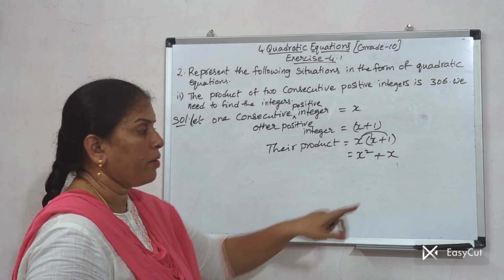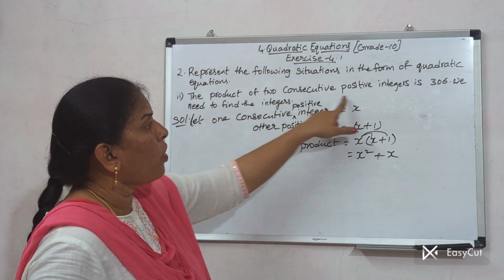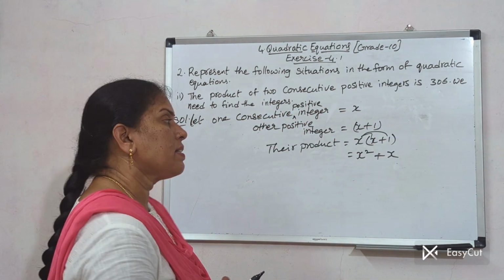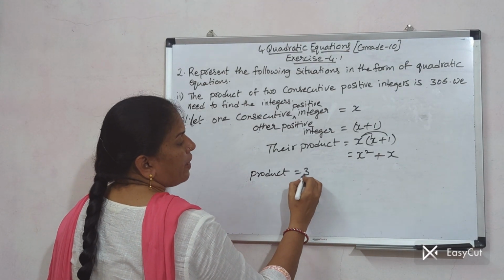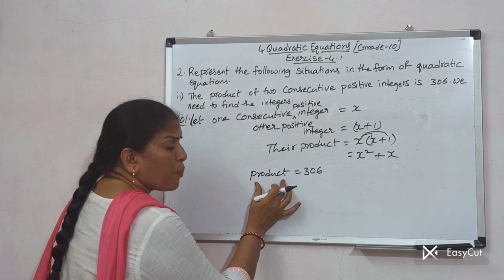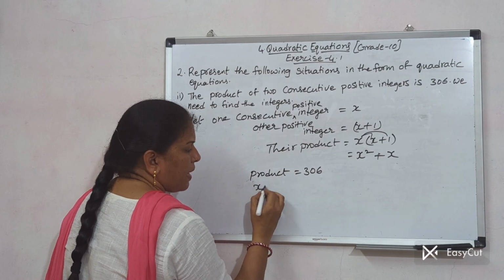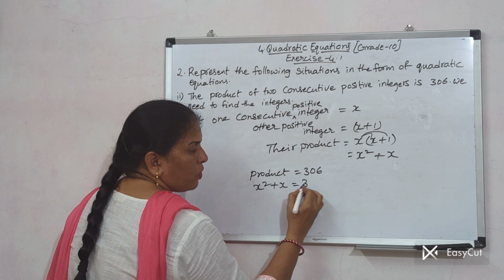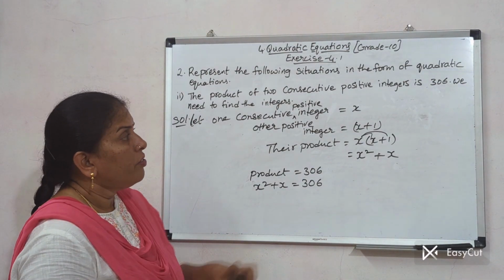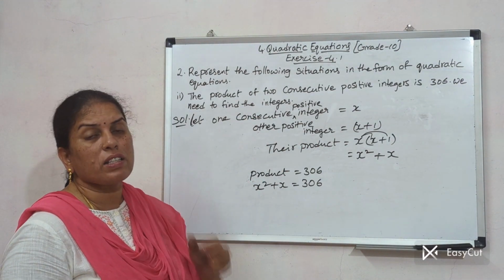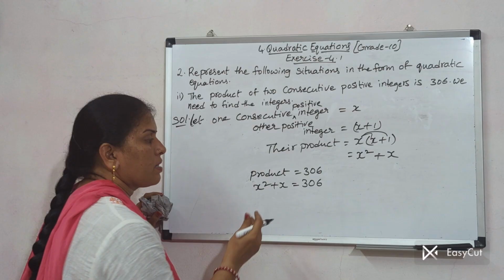This is the product, and they told us their product is 306. So x square plus x equals 306. Now, find the integers.